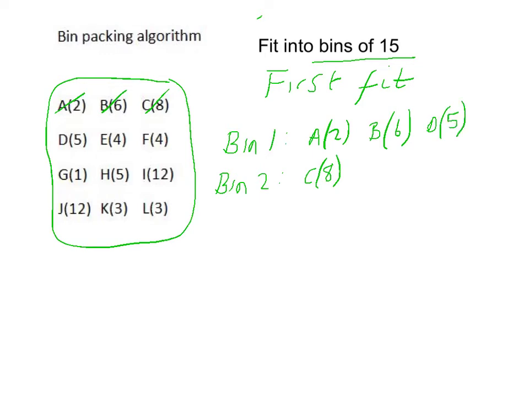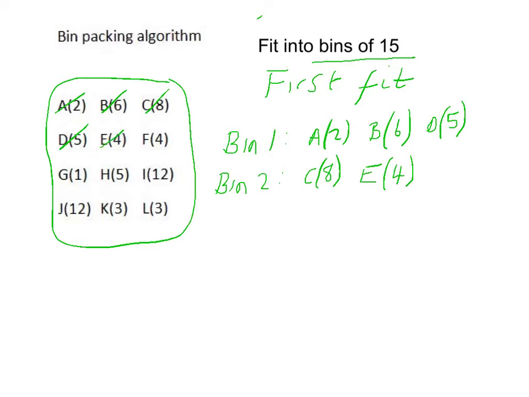So in bin 1 we're now up to 13. E. We can't fit E into bin 1 because that would take us over 15, but we can fit it into bin 2. So E goes in bin 2.